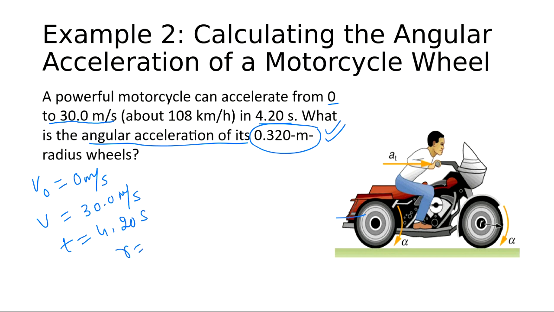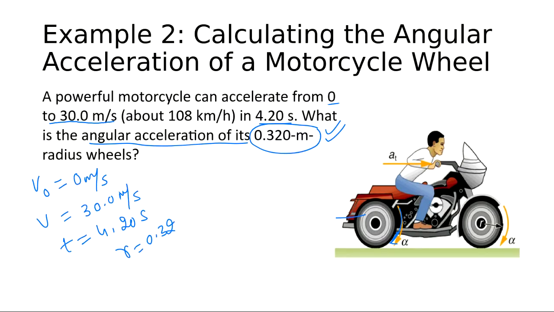So he's asking us to find the angular acceleration. We are not looking for tangential acceleration or tangential velocity. We are going to look for the angular components. And if you remember, I reviewed some of the formulas that relate angular to the linear components. So r is given as 0.320 meters.